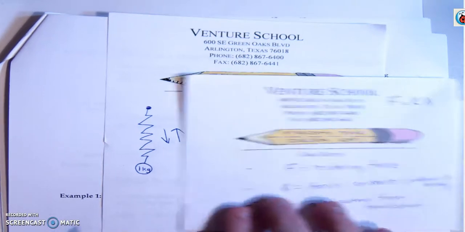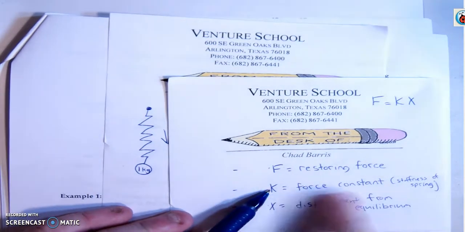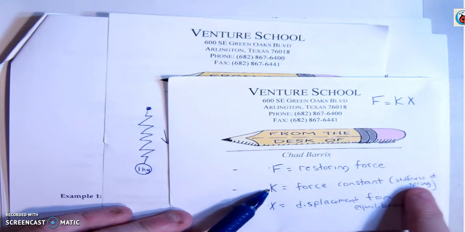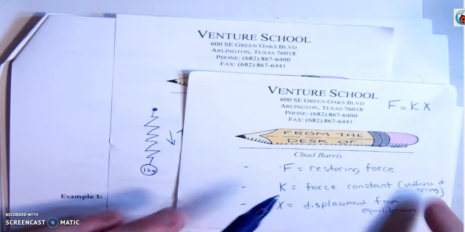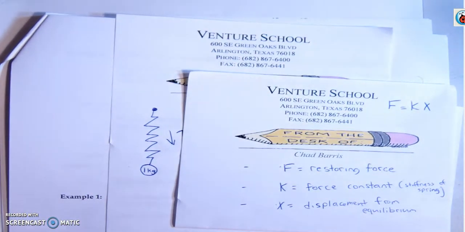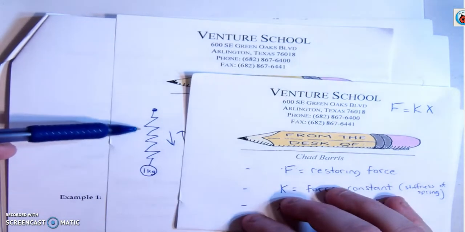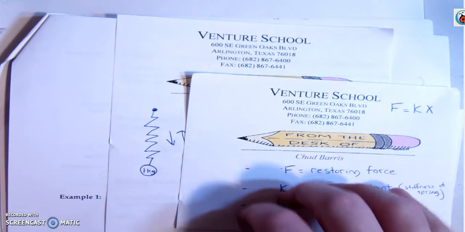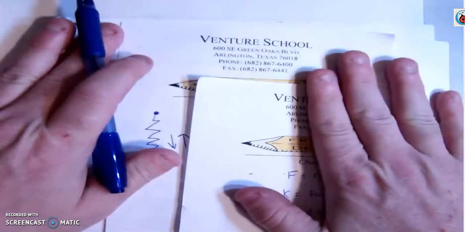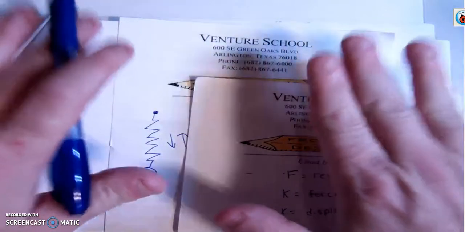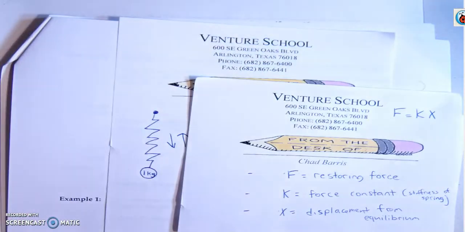And if you guys remember, K, our force constant, is actually the stiffness of the spring. You're going to have some questions, and we'll go over those examples in a little bit, where it might not necessarily be this mass spring oscillator, but maybe it's just a scale. Maybe it's somebody stepping on a scale. When they step on it, their weight's going to oscillate a little bit. It's very quick, but until it reaches that equilibrium again.